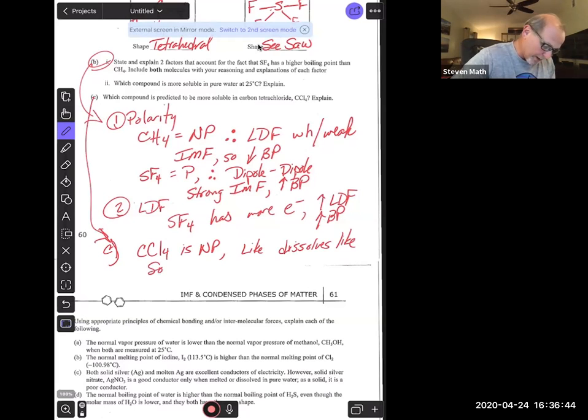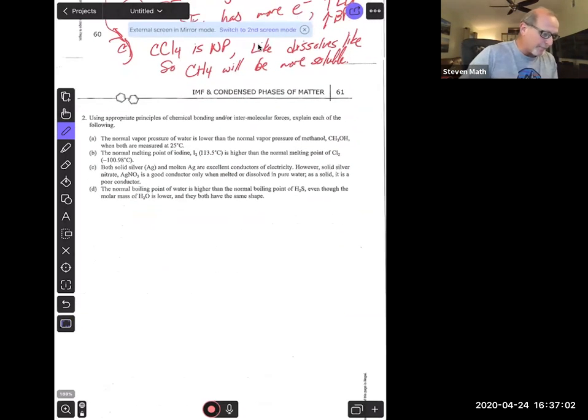So CH4 will be more soluble. Okay, pretty straightforward question. A little bit IMF, a little bit of dipole-dipole, LDF, and then a little bit of like dissolves like.